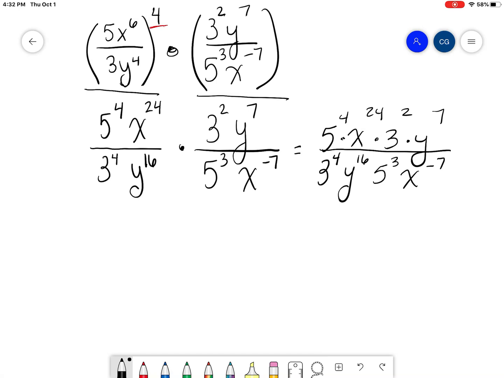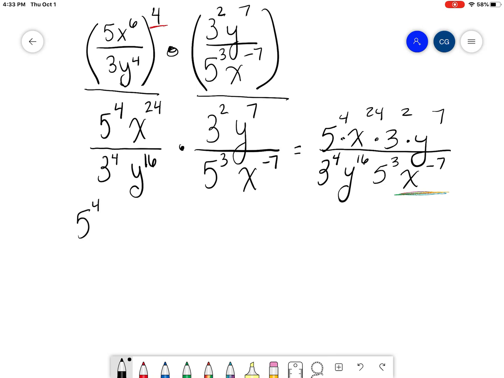So what I'm going to do from here now is take this negative 7 exponent. Whenever you have an exponent that is negative, you can reciprocate it. So I'm going to make that negative 7 in the exponent positive by bringing it upstairs. I don't have any other negative exponents, so all the other factors in the numerator and the denominator are going to stay put. The only one that's going to get flipped is this one here, because that has a negative exponent. So when I continue down here, everything else stays the same.